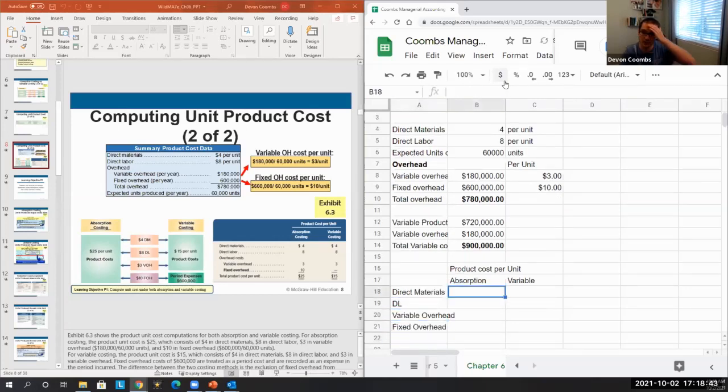We'll note that materials, labor, and variable overhead are the same under absorption and variable, right? All the time we have direct labor and direct materials attached, and variable overhead we also have in both.